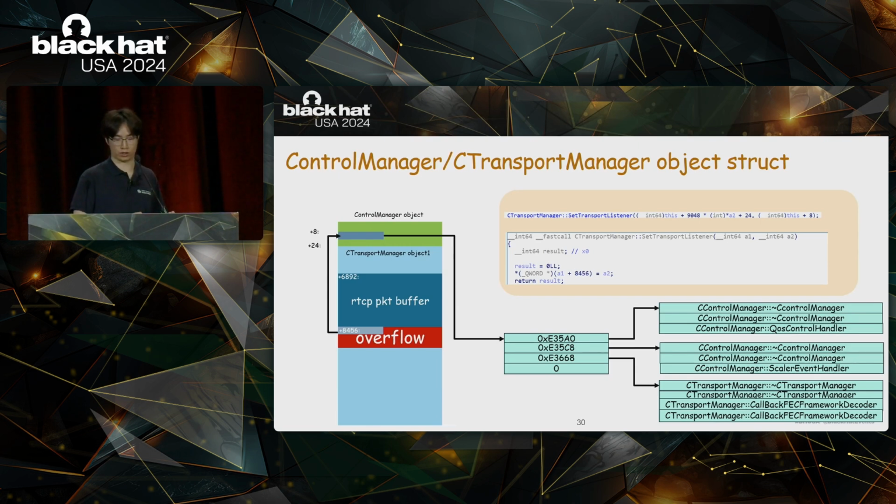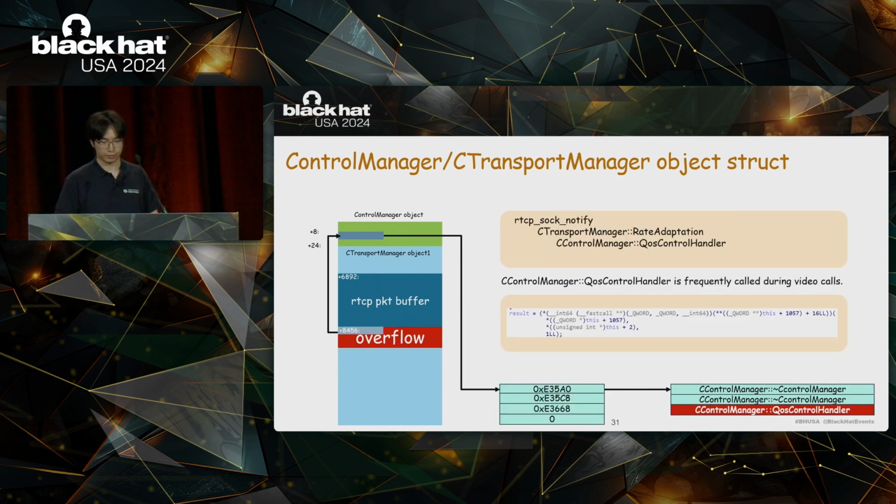The object calls functions through this pointer, and the steps of calling functions through this pointer are shown on the lower right. This process of addressing reminds me of the virtual table in C++. One of the calls is QAsControlHandler. It is invoked every time the program receives an RTCP packet for data processing.